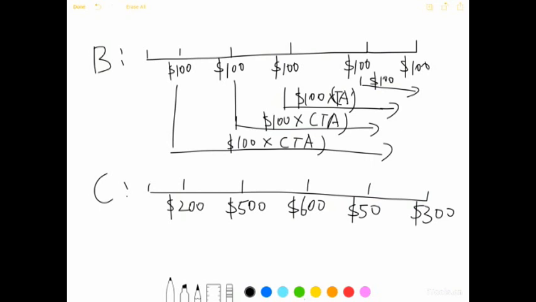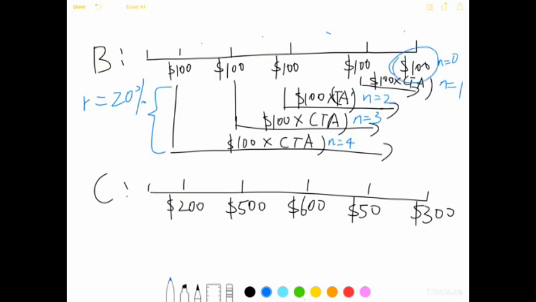And the last one, you don't need to times any table A factor. So for all of them, you know that the interest rate is not going to change. So the interest rate is going to be 20%, but the n is going to be different, as we talked about before. So n is going to be from 4 to 3 to 2 to 1. This is 0, so you're going to use that figure straight away, right?